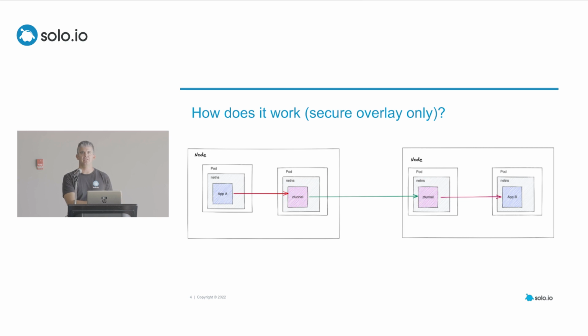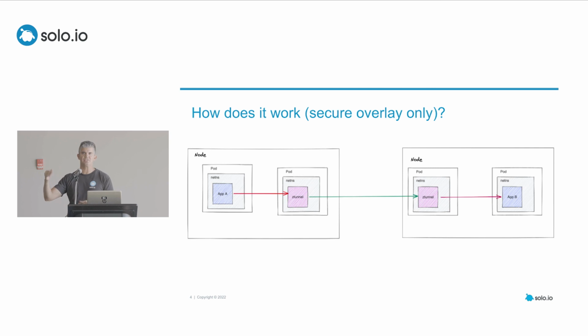Your workload thinks it's talking to service B, but through that redirection mechanism, eBPF, which Lawrence talked about, the traffic will be routed to this Z-tunnel component or agent that runs in the same node as the workloads.